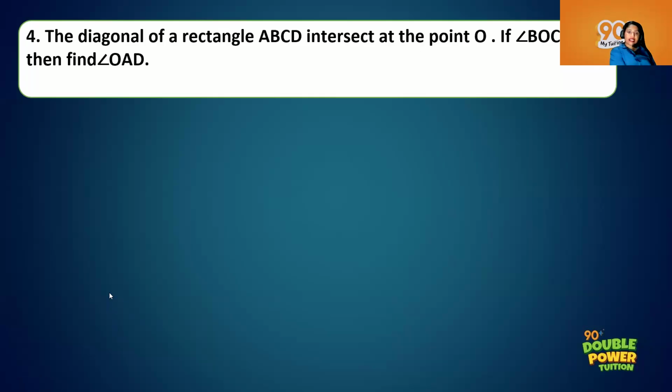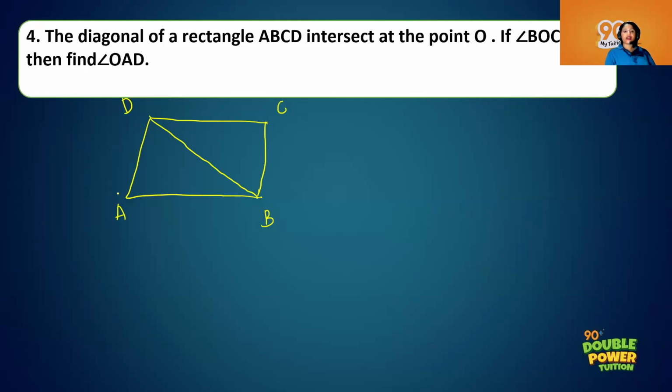The diagonals of a rectangle ABCD intersect at a point O. Then angle BOC is 50 degree. Find angle OAD. So first we consider a rectangle. Rectangle ABCD has diagonals like this.